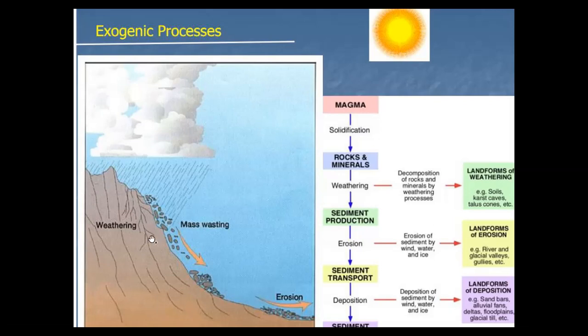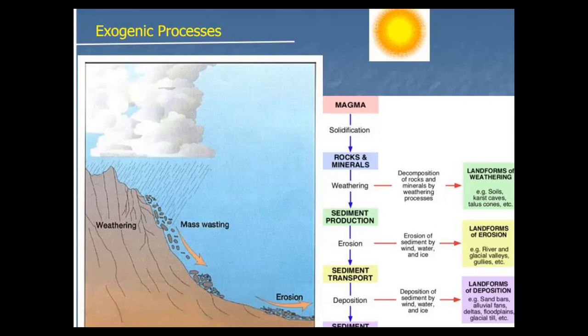So what will happen, the hydrological cycle, which is part of the exogenic process, will, for example, start breaking down this mountain through a process called weathering. For this to happen, for example, you have an environment whereby temperature changes from time to time.